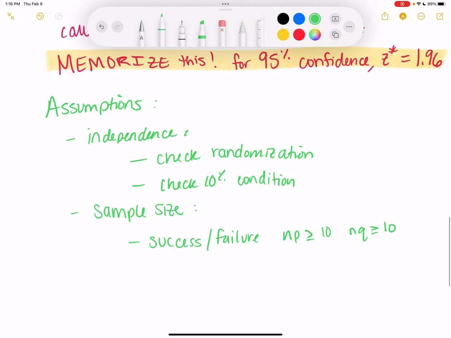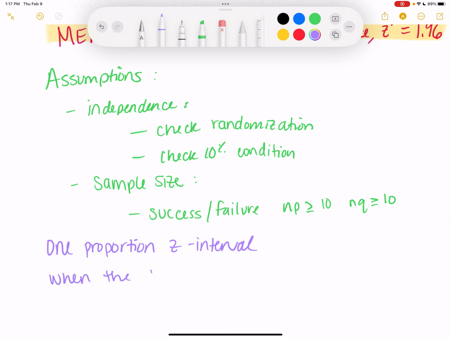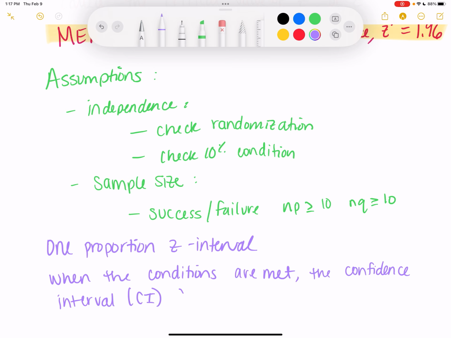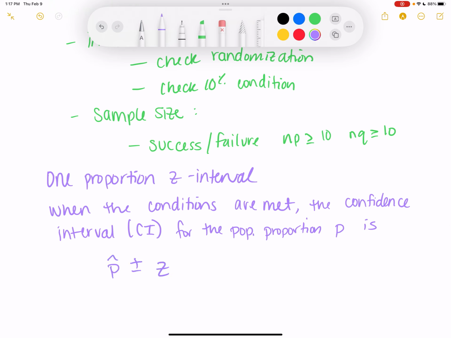This next thing will kind of answer your question that you just asked. The one proportion Z interval, when the conditions are met, the confidence interval, and honestly sometimes you'll see that written as CI, for the population proportion p is p hat plus or minus Z star, and that's dependent on what confidence it asks for.